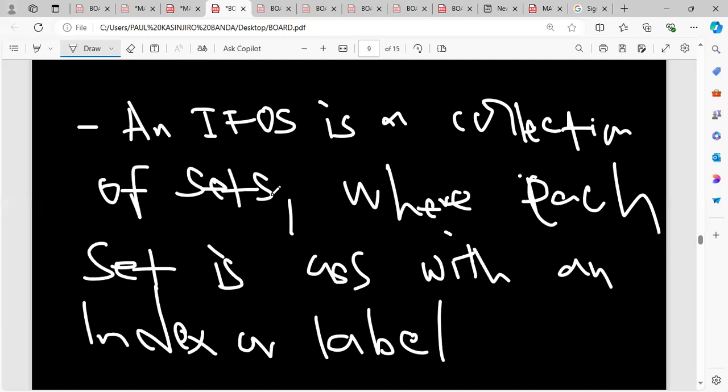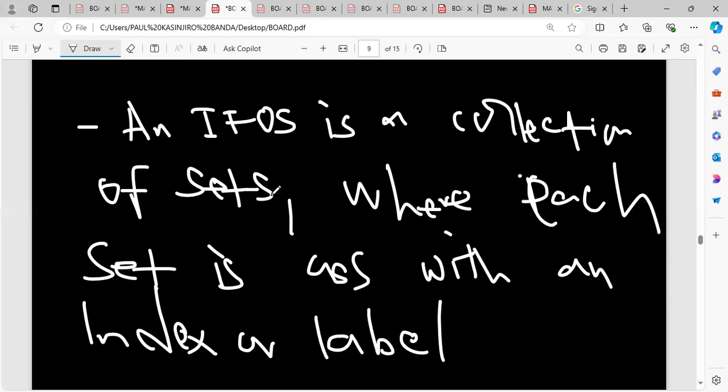So what do I mean when I say that? For example, we are all students at UNISA, so we belong to that family, the UNISA family. But each one of us has a student ID number, which distinguishes him or her from the other person.